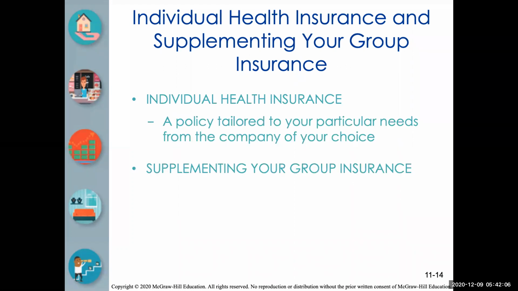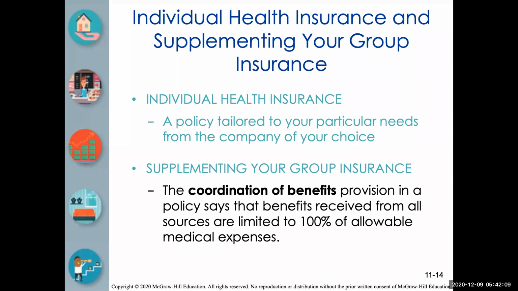So what does this do? It supplements the group insurance. We have what's called the coordination of benefits provision, which basically says that the benefits received from all of the available sources are limited to 100% of the allowable medical expenses. Now, I know you're probably thinking, well, duh, that makes sense. Why would insurance companies pay more than 100% of the bill? Well, it happens.